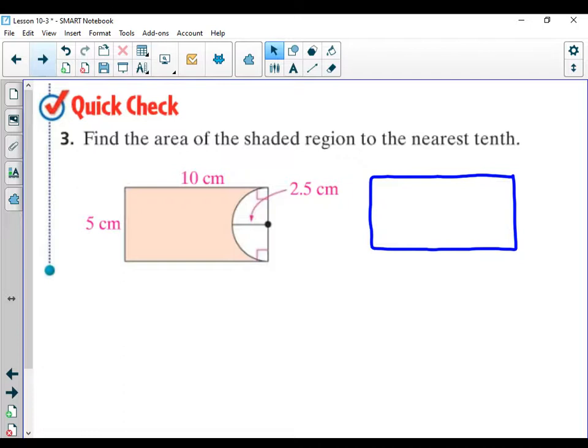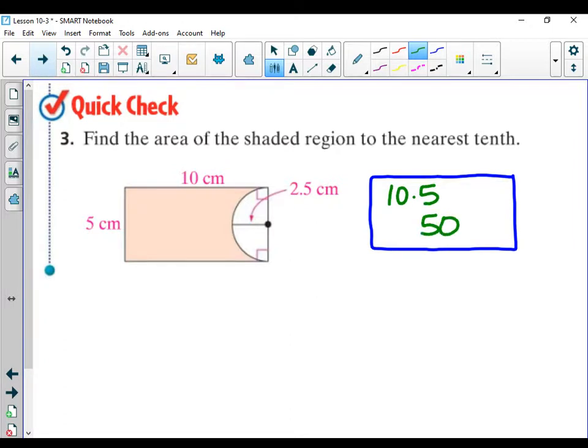The length is 10 centimeters and the height is 1 centimeter. So 10 times... Right. Last Thursday, everyone assured me they could do a rectangle.